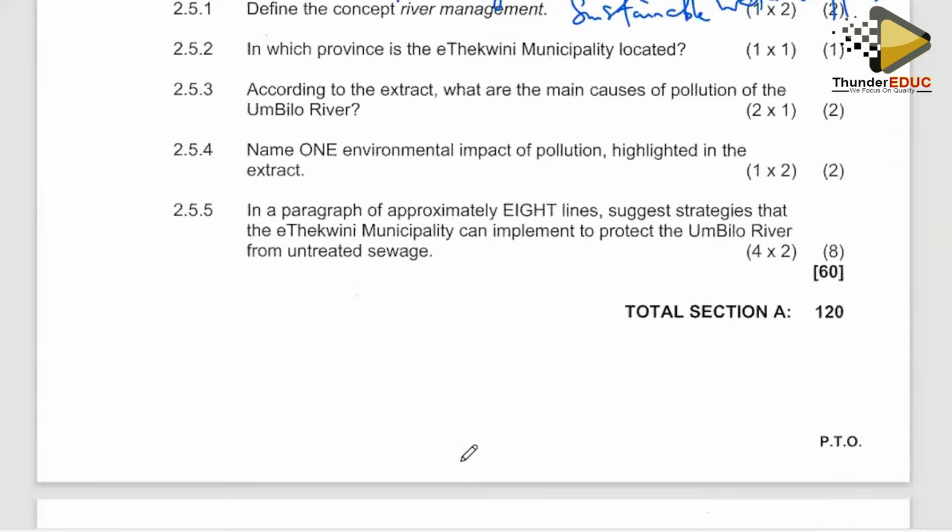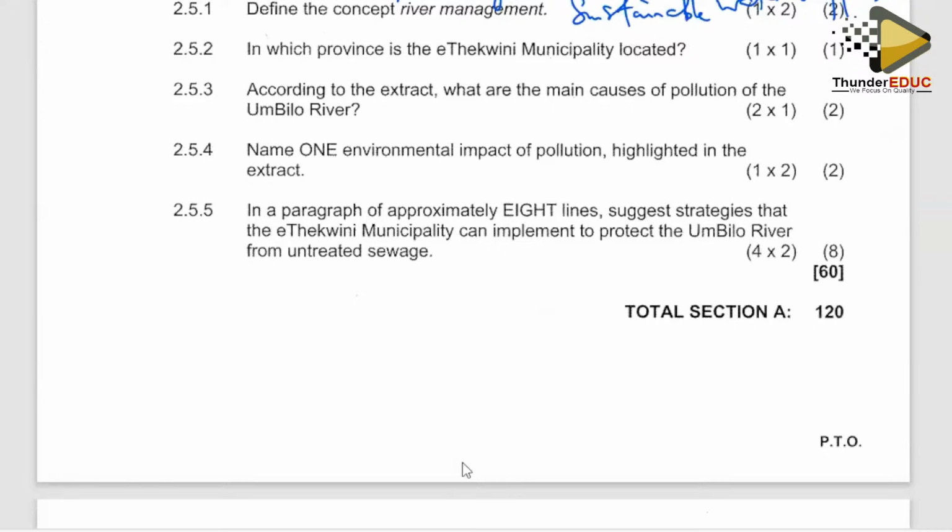Right, in a paragraph of approximately 8 lines, suggest strategies that the eThekwini municipality can implement to protect the Umbilo River from untreated sewage. What can they do to limit the effect of untreated sewage in the river?